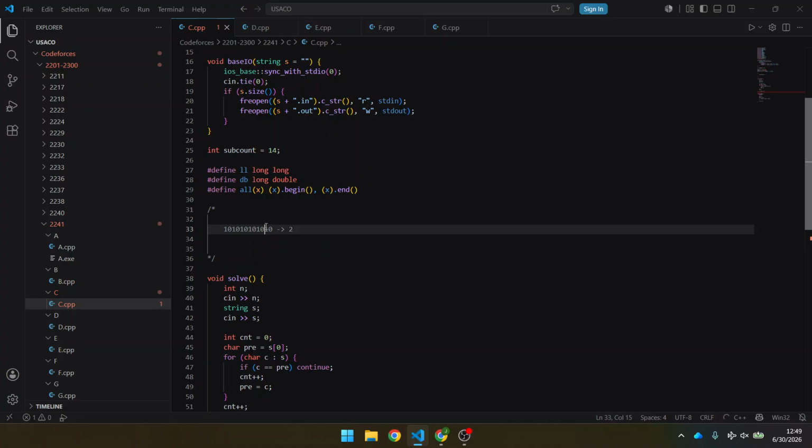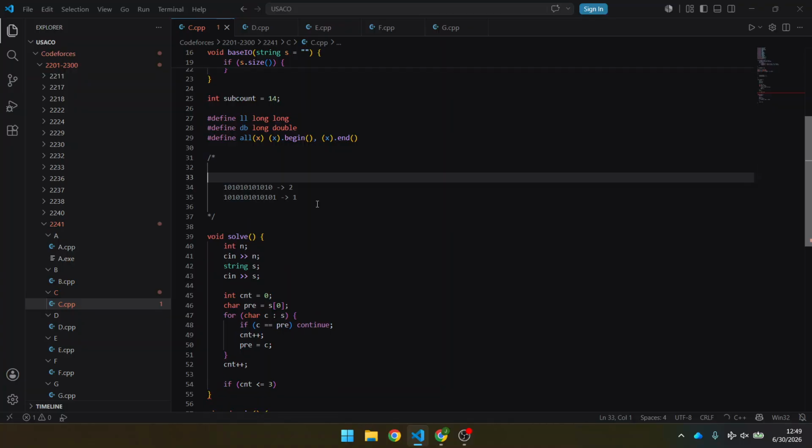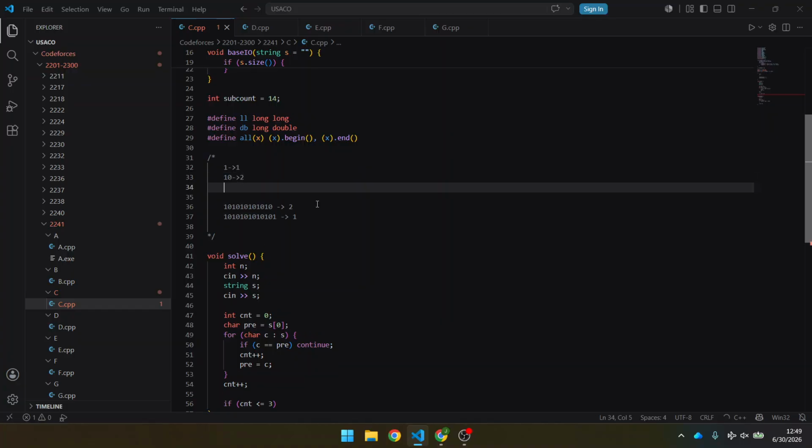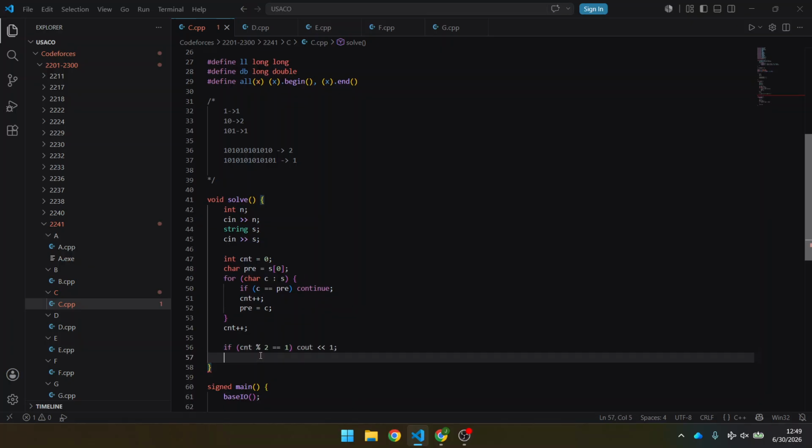And then 1. 1 is 1. 1, 0, 1 is 1. So if cnt mod 2 is equal to 1, we can output 1. Otherwise, we can output 2.